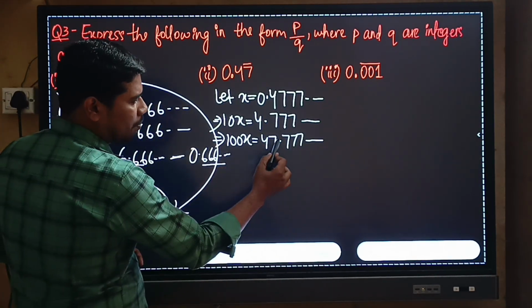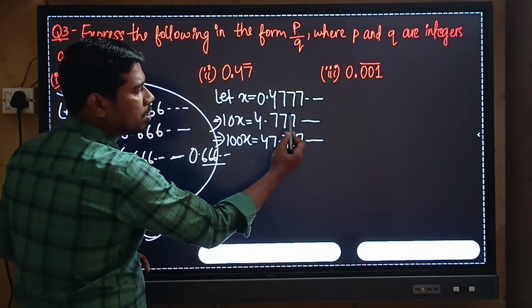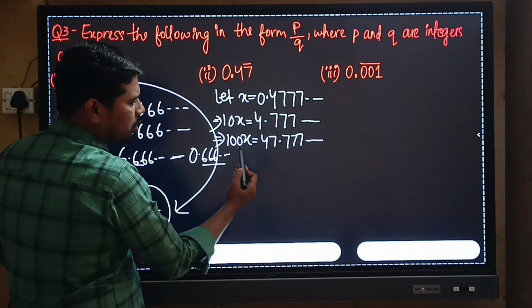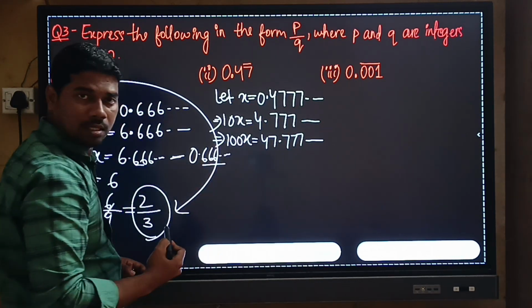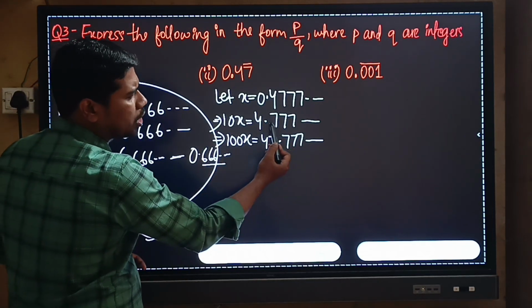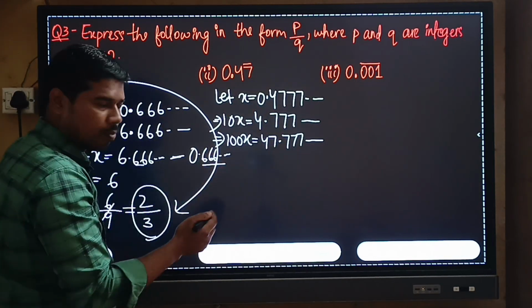Now you can see after the point here is 777, and after the point here is also 777. You can see 100x and 10x. So if we subtract, then it will be 0.